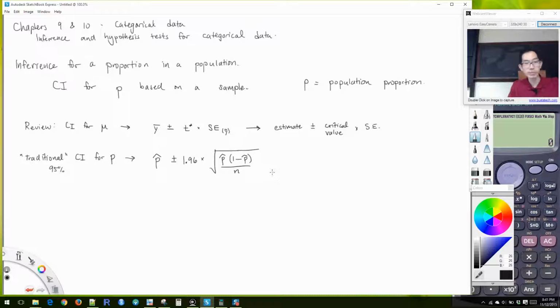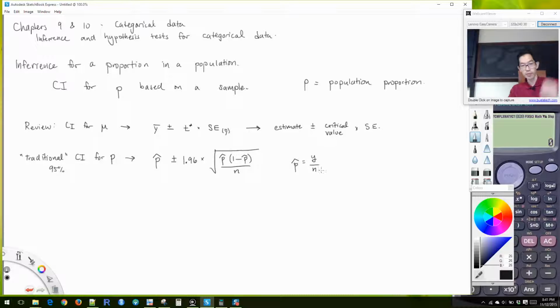Okay? Where p hat is equal to y over n. So the number of females divided by the total size of the population, or whatever your y is. The number of people with brown hair divided by the total people in the population, something like that.